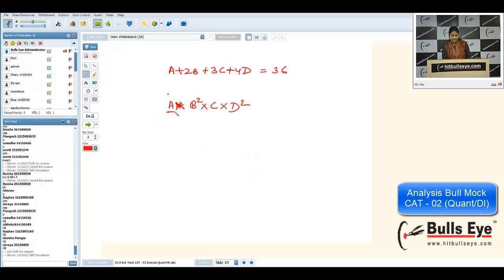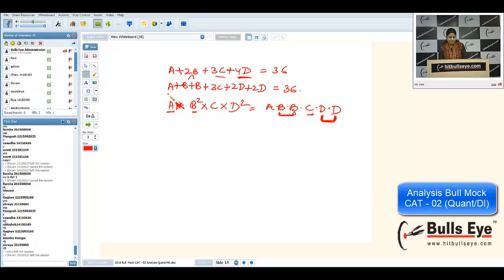See, you need 1 a, you need b 2 times, you need 1 c, and 2 d. So I am splitting this term 2b as b plus b to get 2 b's. We need 1 c, so I am taking 3c as it is. We need 2 d, so I am taking 4d as 2d plus 2d. That is given as 36. That is a manipulation we have to do.